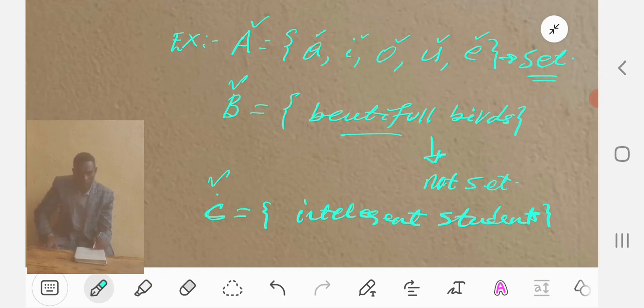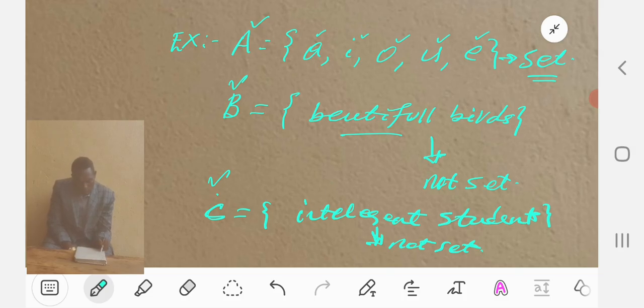Because the word intelligent is an adverb of quality, when the sentence contains adverbs of quality, it is not well defined because it has different recognition for different persons. Therefore, this is also not a set. Therefore, I think students, you understand about the collections that can be the set and that are not the set. This much is enough for today.